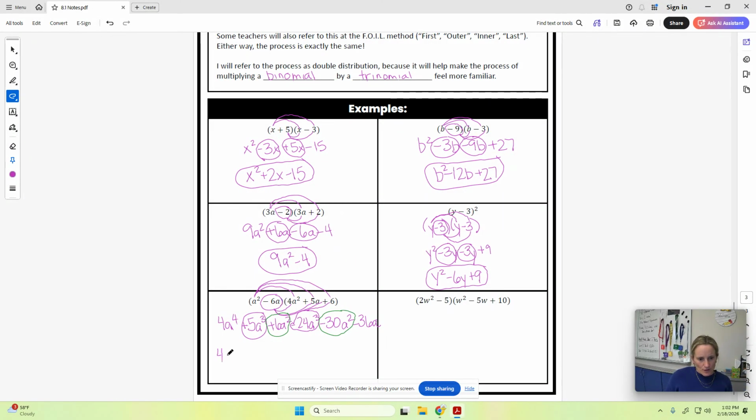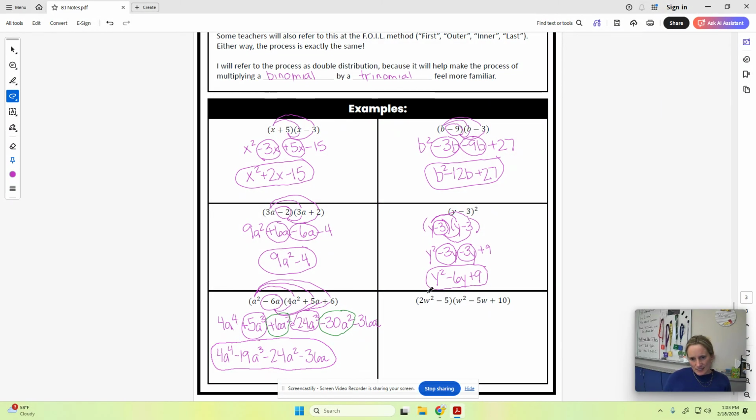So 4a to the 4th, 5 minus 24 is going to be -19a to the 3rd. 6 minus 30 is going to be -24a squared. And then I have this final term that didn't combine with anything. So in this case, it was the middle 4 that combined. The first and the last stayed the same. It's not always going to work out exactly like that, but usually you'll have some things that combine.